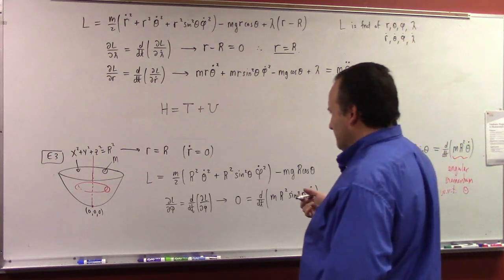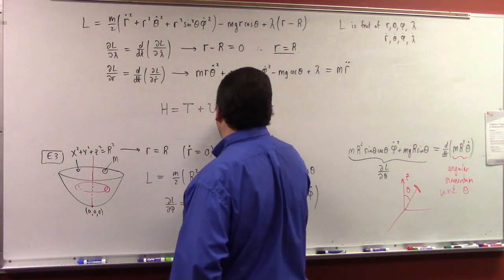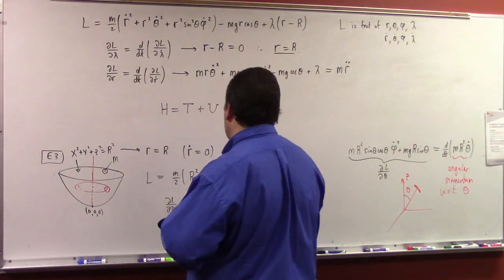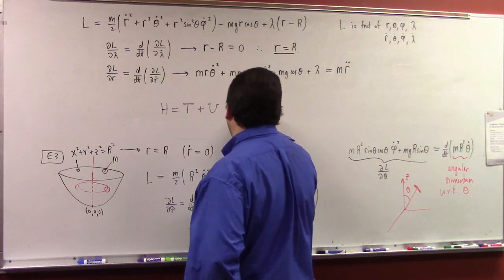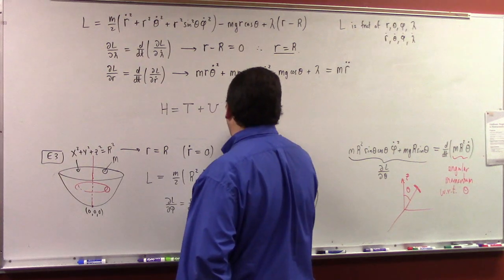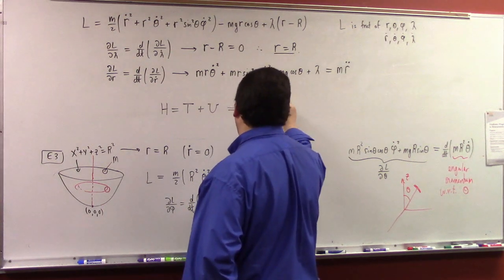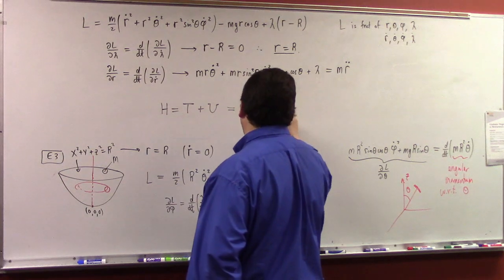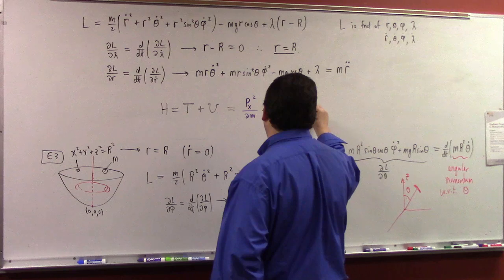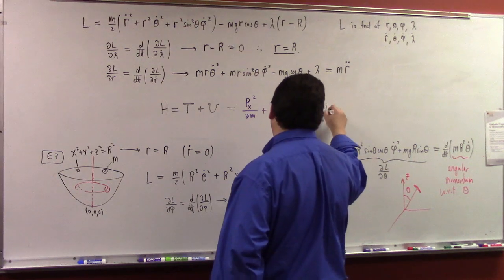For two-dimensional motion it looks like this: px squared over 2m plus py squared over 2m, plus your potential energy as a function of x and y.